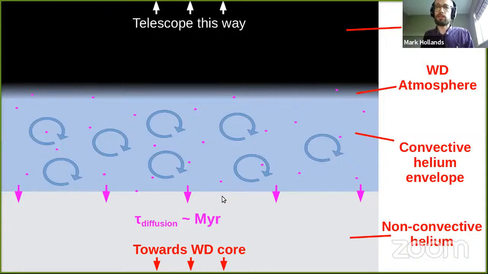We think maybe disks last for 10 to the 5 or 10 to the 6 years just about. But we think that the diffusion timescales are about an order of magnitude larger than that. So 10 to the 6, 10 to the 7. So when you look at DZ white dwarfs, at least in most cases, we think that the disk has gone and the materials that you see in the atmosphere are sort of left over.